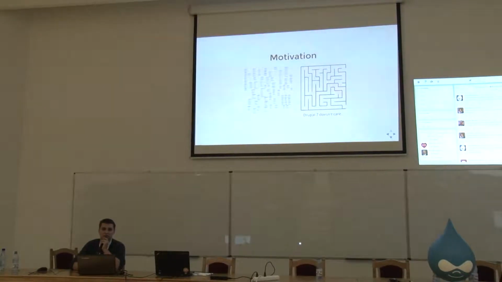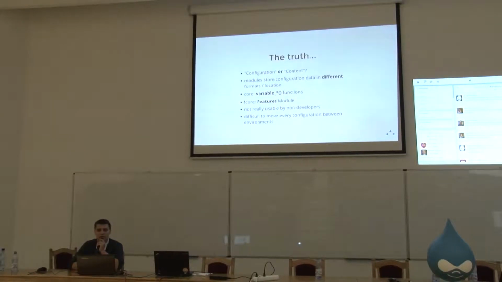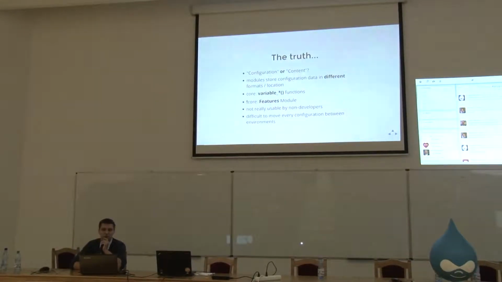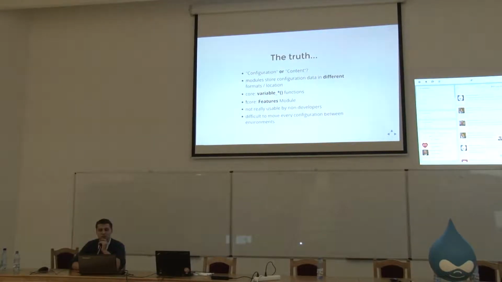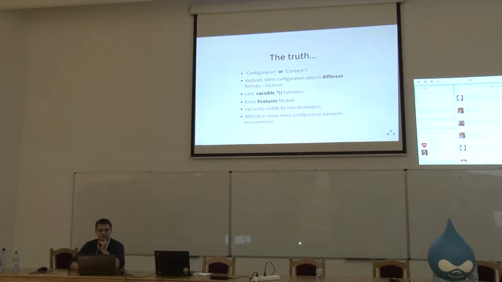Drupal 7 doesn't care about this. We just have to face the truth that in Drupal 7 we don't know exactly which information is configuration and which is content. Well, we can understand, but we have to search and understand what we find in the database.